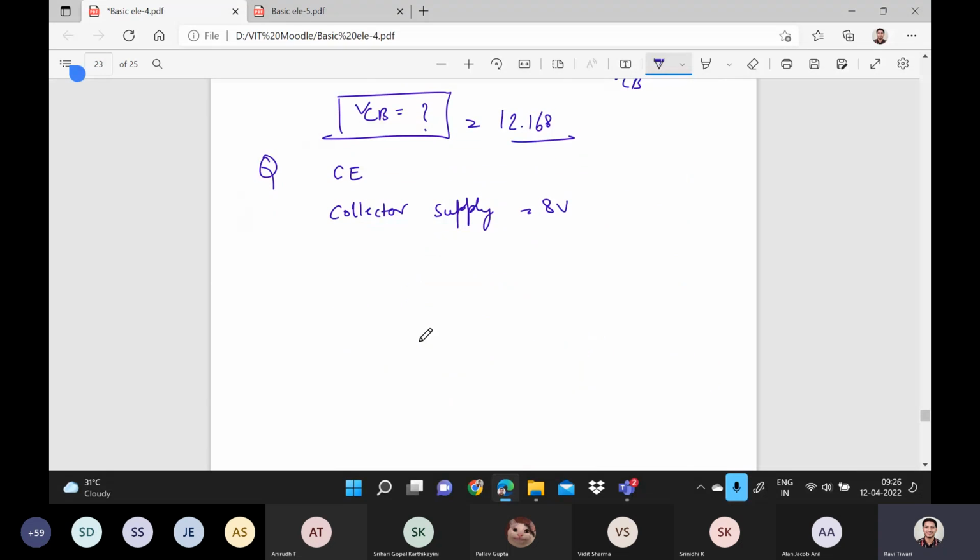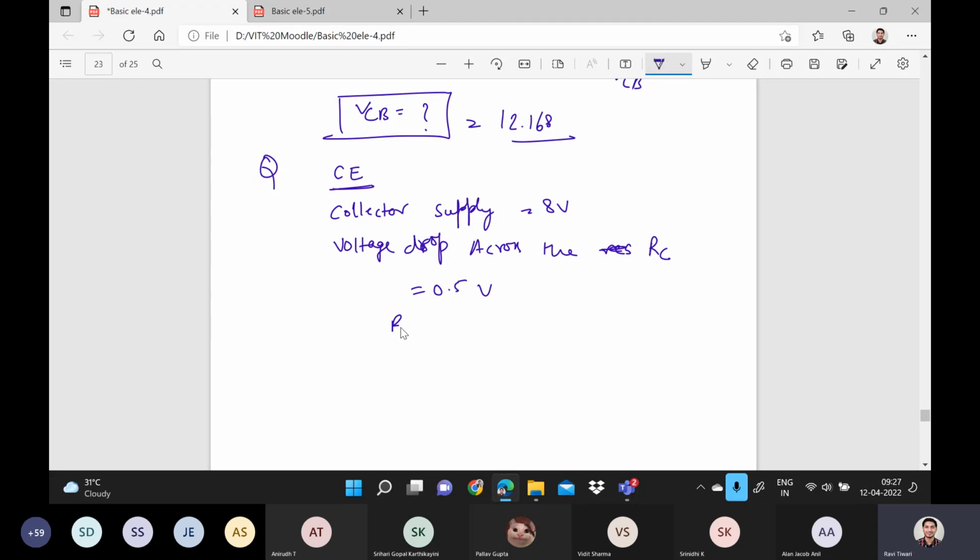So now this is common emitter. Now I'm talking about common emitter configuration in which they said that the collector supply is 8 volts. And they said that the voltage drop across the RC resistor, that is the collector resistor, is 0.5 volts.